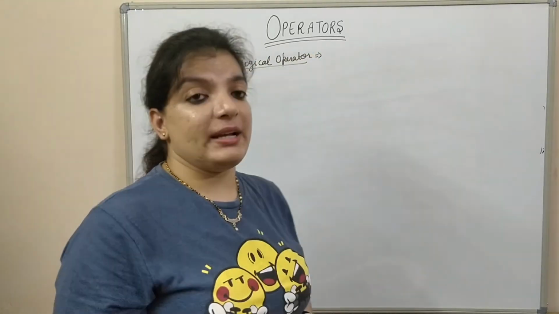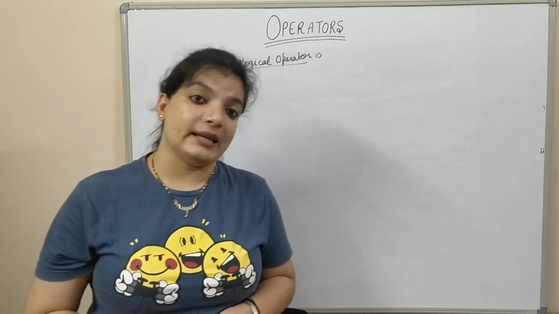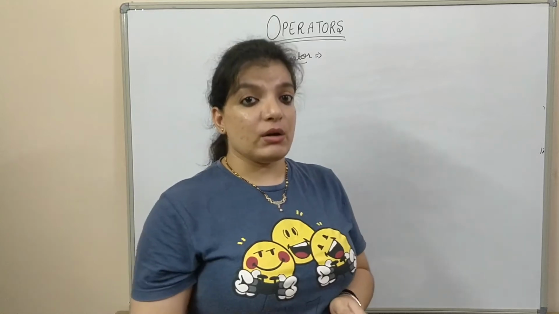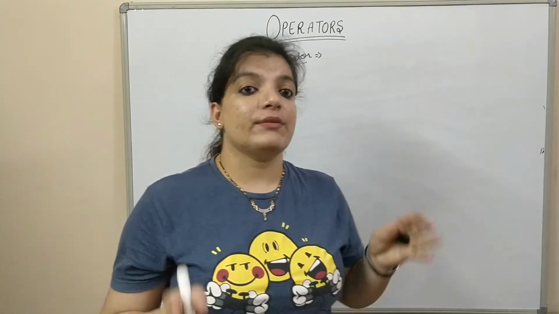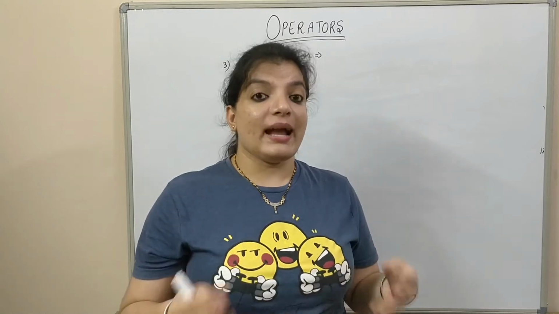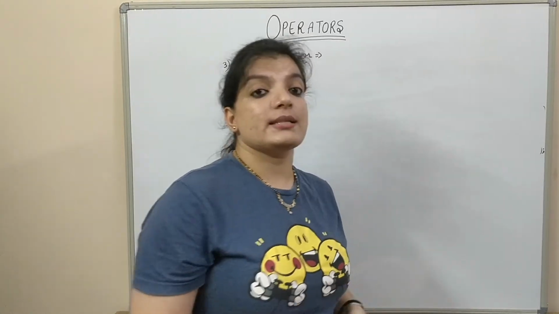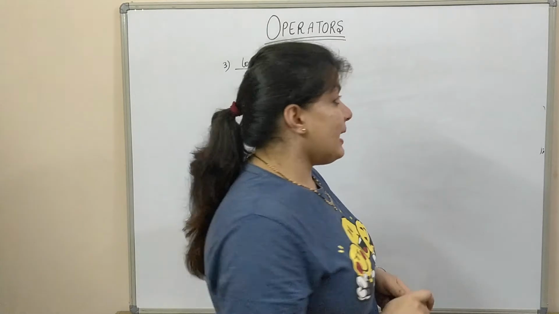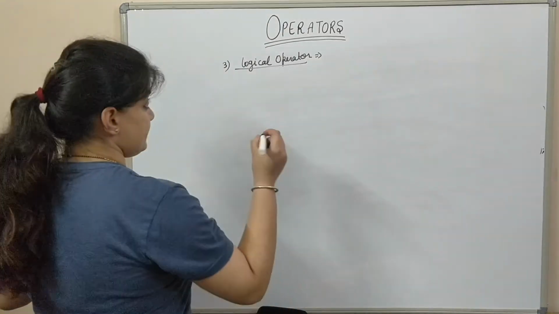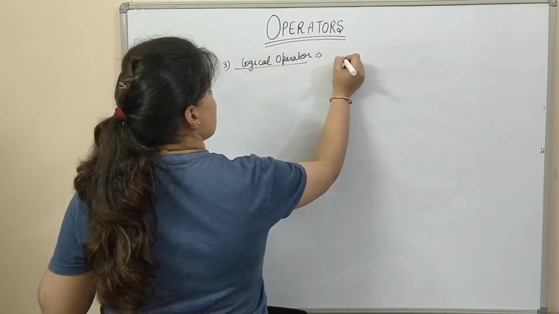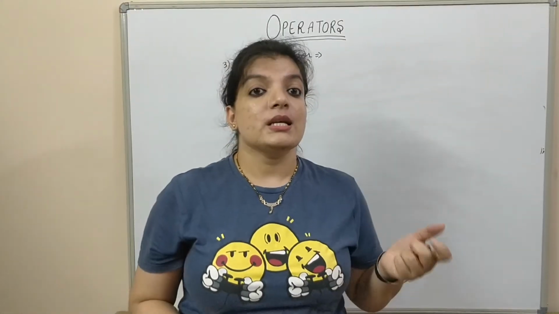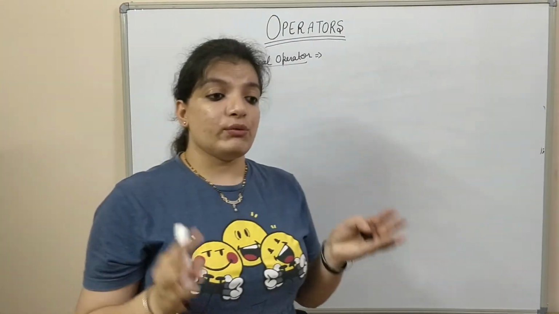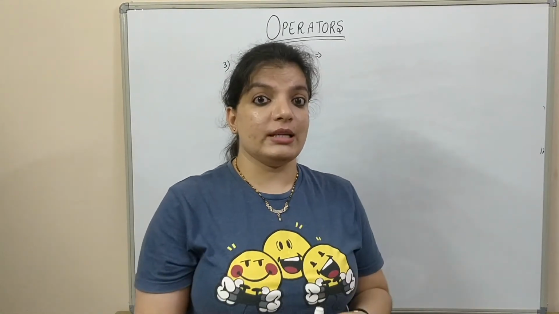These types of operators are very important for any programming language, because if we have two conditions and we have to find the final result, in that case we use logical operators. What I told you, the logical operator is used when we have to find the result from two conditions.